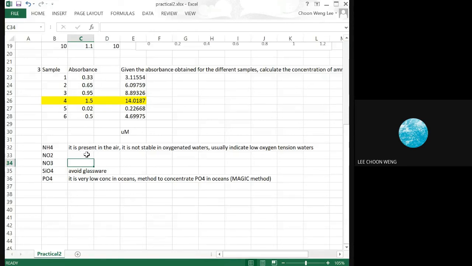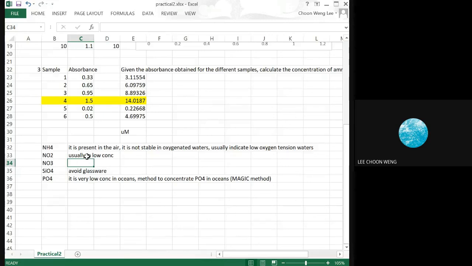For NO2, it's straightforward. However, NO2 is usually in low concentrations. In the aquatic environment, nitrite is usually in low concentration because it is usually the intermediate between nitrate and ammonium.